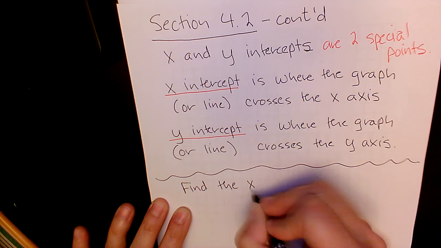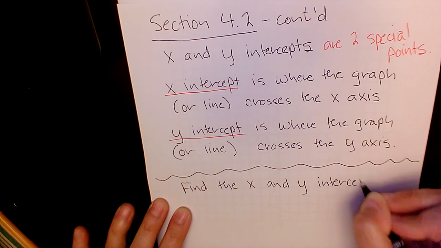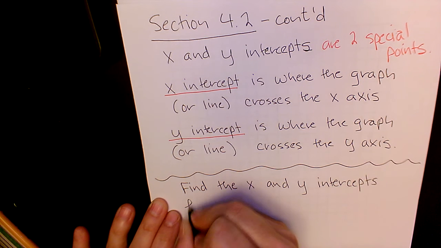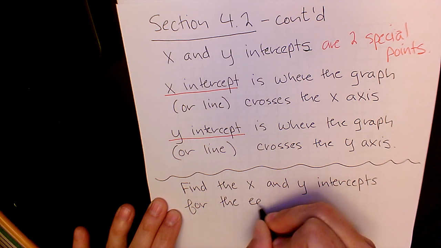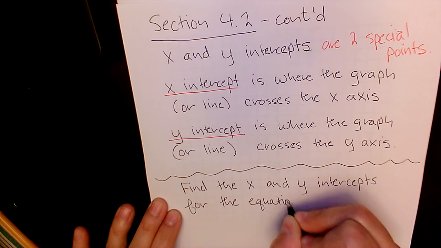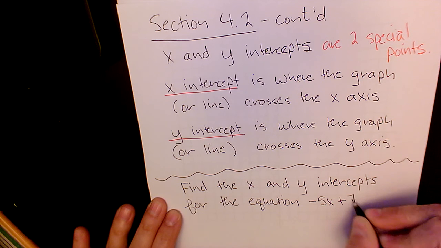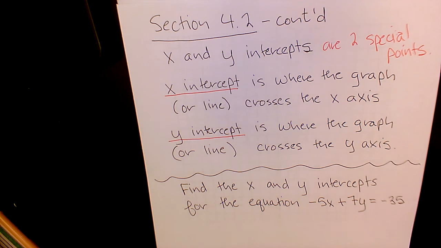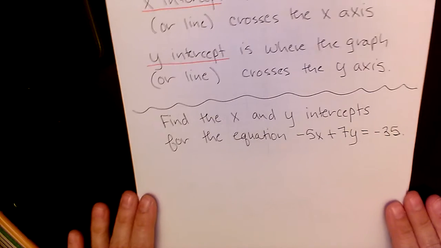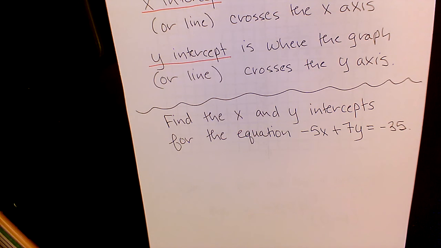It'll say something like this: find the x and y intercepts for the equation negative 5x plus 7y equals negative 35. Okay, so I want to find the x and y intercepts for negative 5x plus 7y equals negative 35.